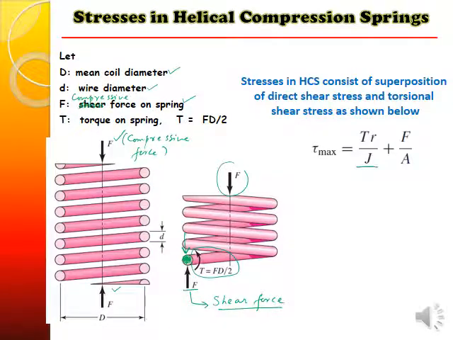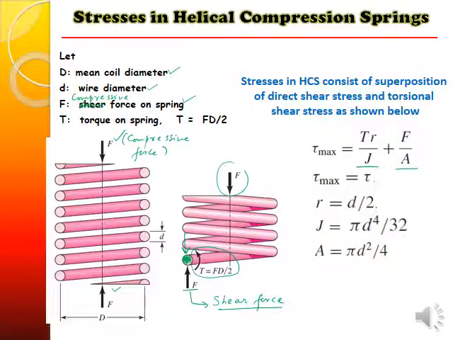One is because of the torque, TR over J, and one is because of the force, which is F over A. A is the cross-sectional area of the wire, and J is the polar moment of inertia. T is the torque acting on the spring, and R is the wire radius, half of the wire diameter.